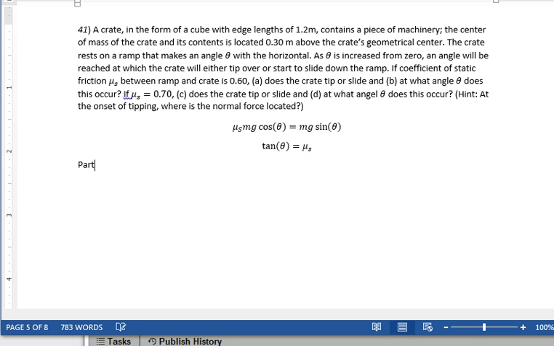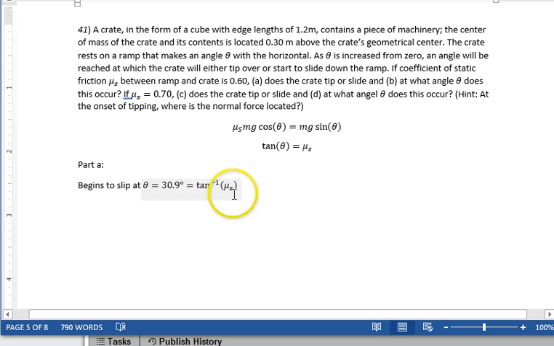So in part A, we know it begins to slip at theta equals 30.9 degrees, which is the inverse tangent of mu sub s.